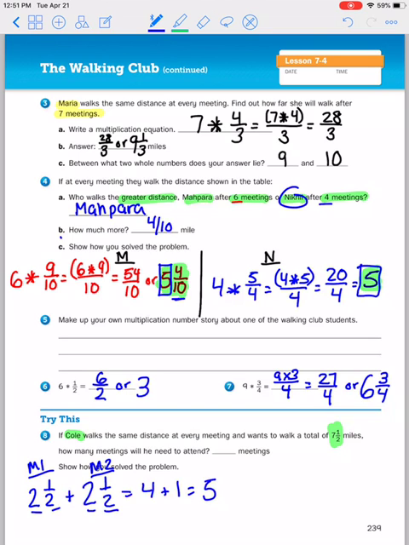But they want 7.5. So if he went to another meeting, meeting number 3, he would walk an additional 2.5. Now I would add the whole numbers, which is 7, and the fraction, which is 1/2. So he would need to go to 3 meetings in order to walk 7.5 miles.